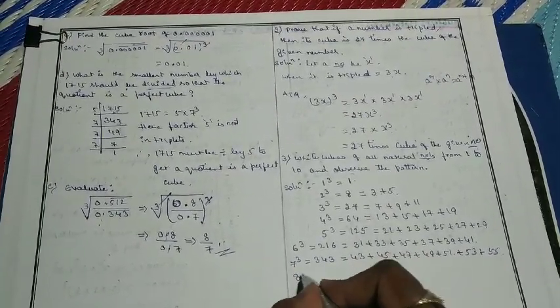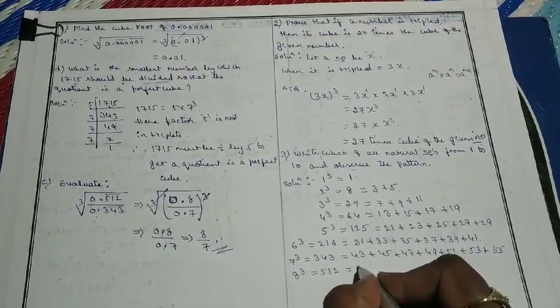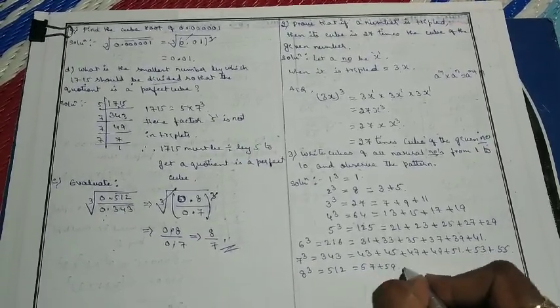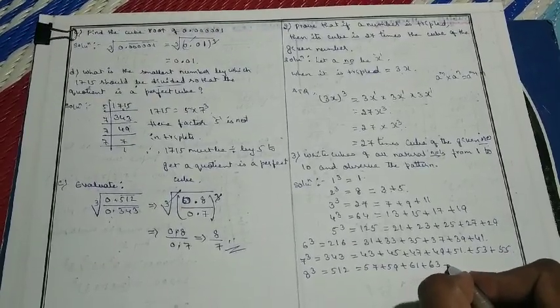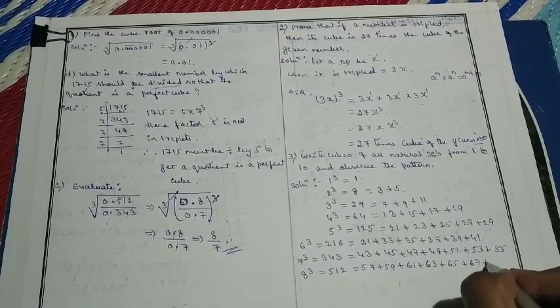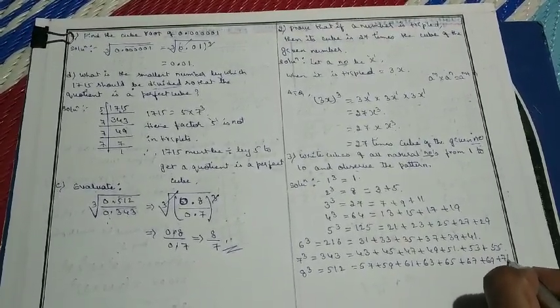Next 8 cube. 8 cube answer is 512, which equals 57 plus 59 plus 61 plus 63 plus 65 plus 67 plus 69 plus 71.